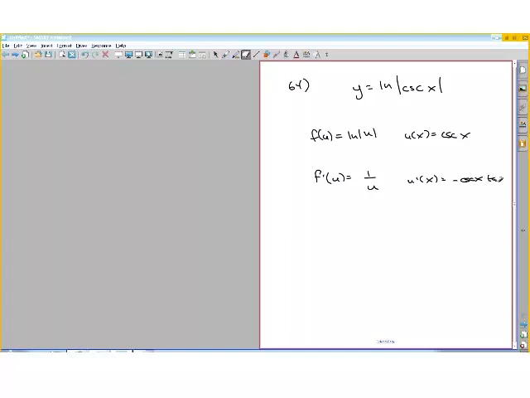That's cotangent, not tangent. So f prime of x is f prime of u times u prime of x. F prime of u is 1 over u. U prime of x is negative the cosecant of x, cotangent of x.